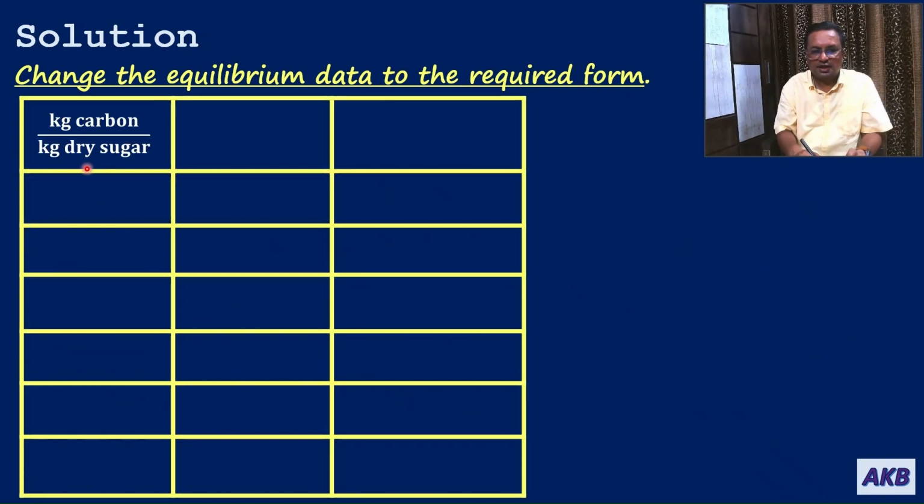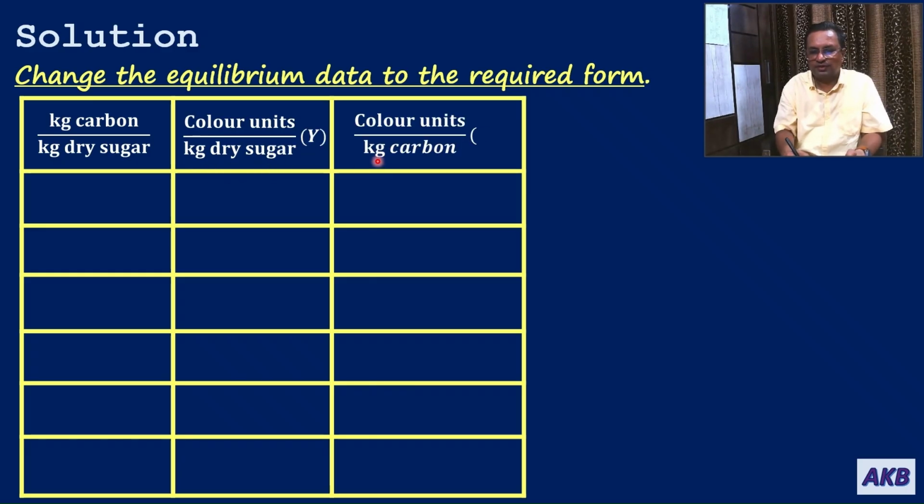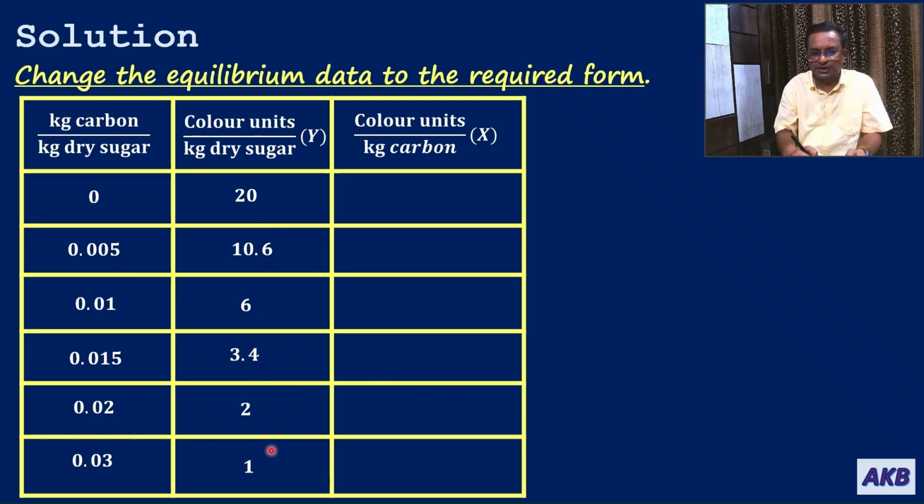So we have kg carbon per kg dry sugar, then color units per kg dry sugar, that is capital Y. And we will be getting color units per kg carbon, which is capital X. These values are given to us, and these are the values we obtained from percentage color removal.